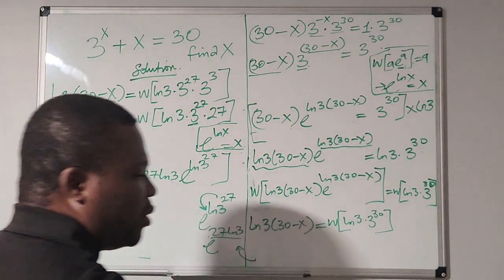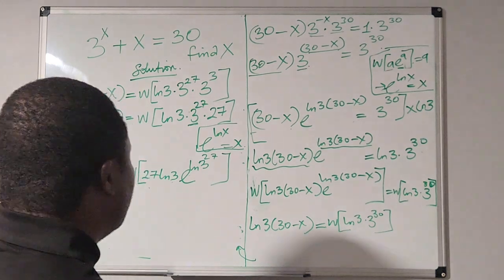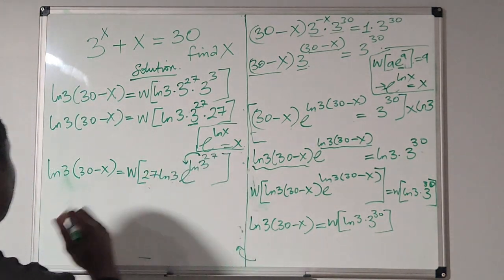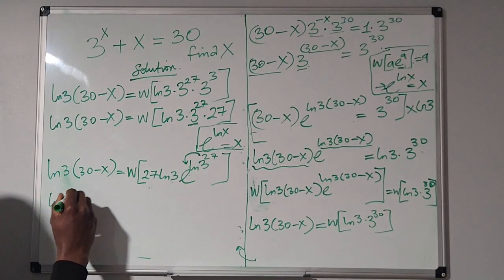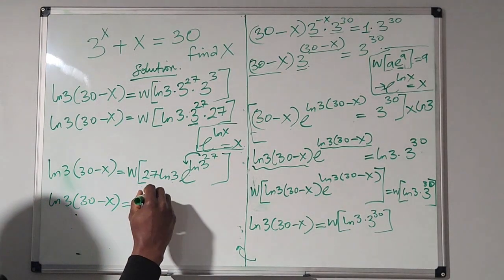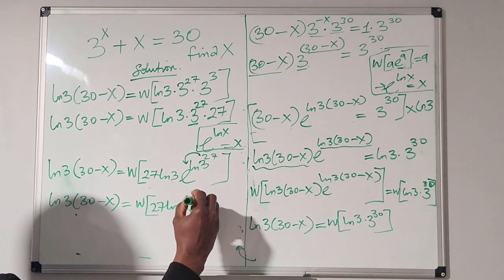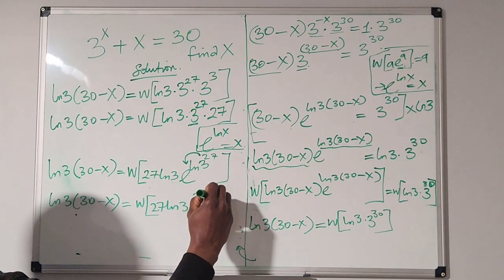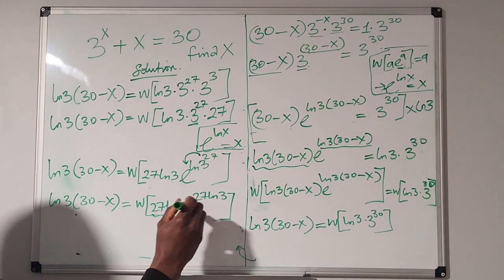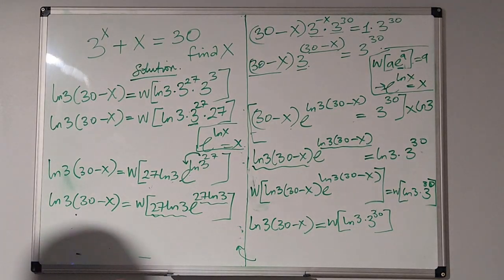All right? So it can come here and become that. So we have ln 3 (30 minus x) equals W of 27 ln 3, e raised to power 27 ln 3. Now, our base here and power are the same.